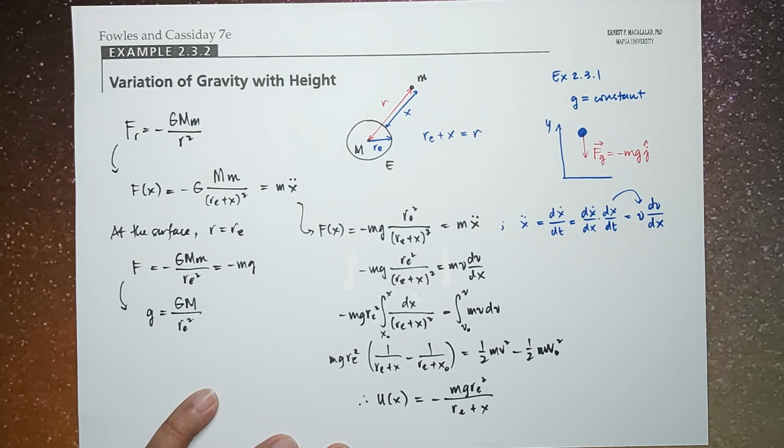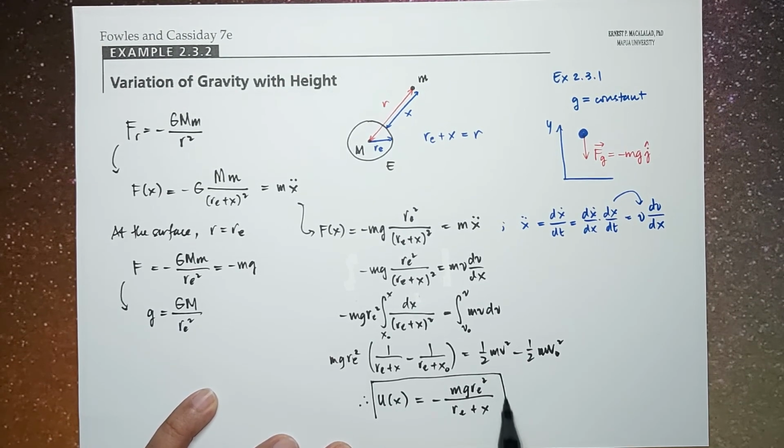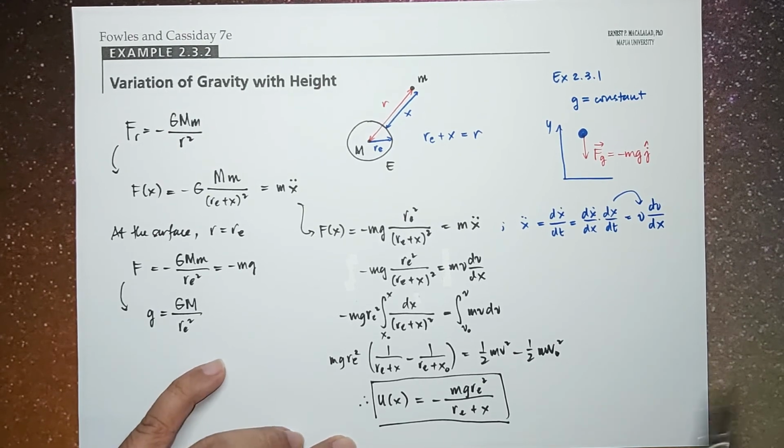That is it. This is now your potential energy function. So that's your example 2.3.2, wherein here we considered that gravity varies with height.